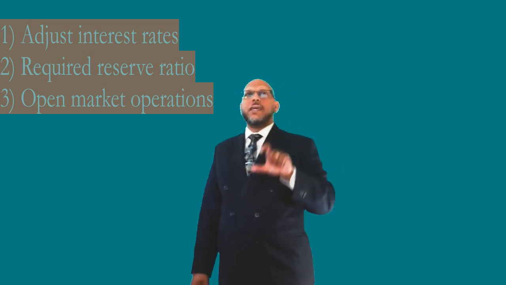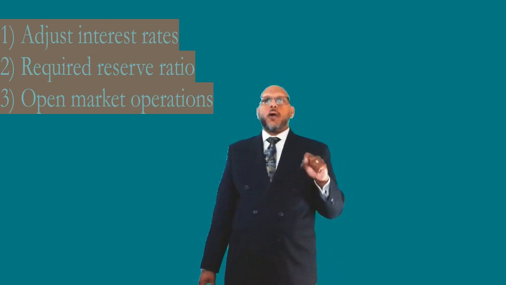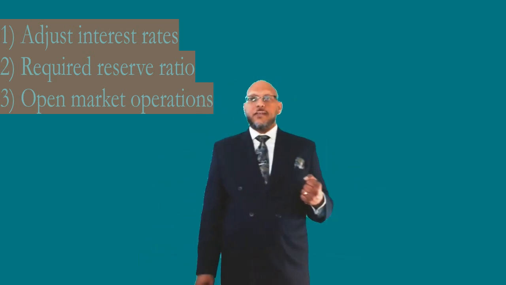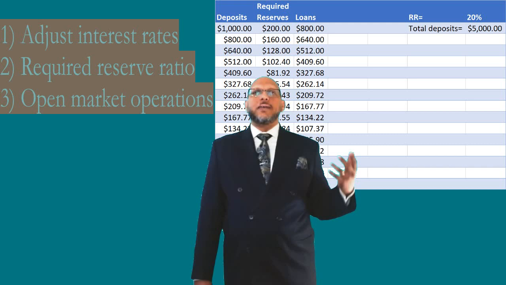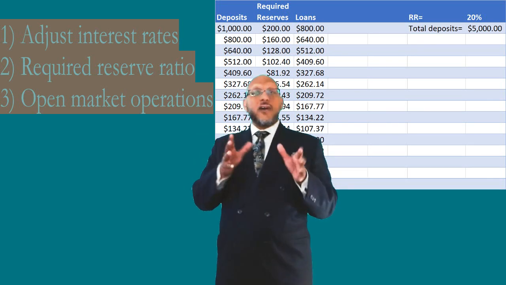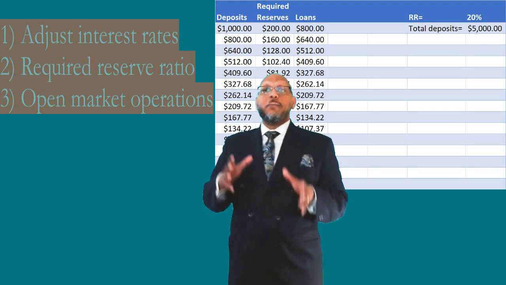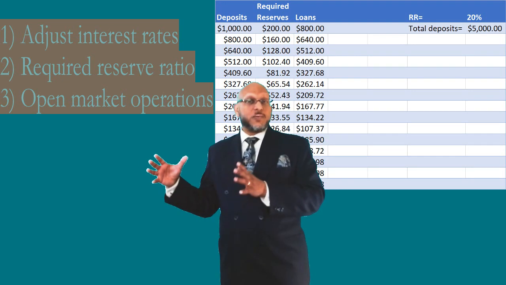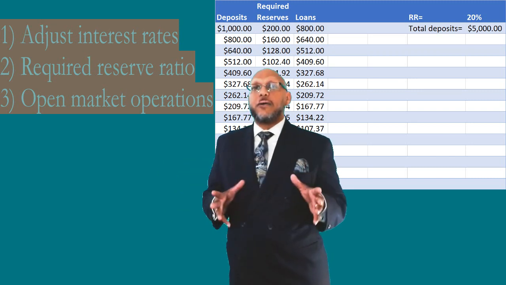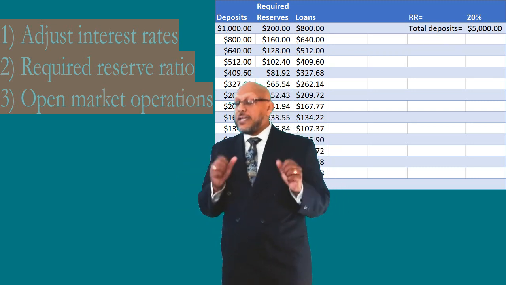So let's pretend that the required reserve is 20%. That means that a bank must keep 20% of the money in deposits on hand in the bank itself, on reserve with the Federal Reserve, but the excess reserves, the 80%, they're able to lend out in loans. That's called excess reserve.